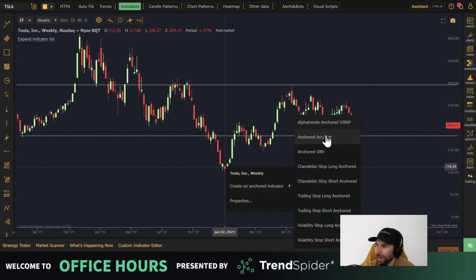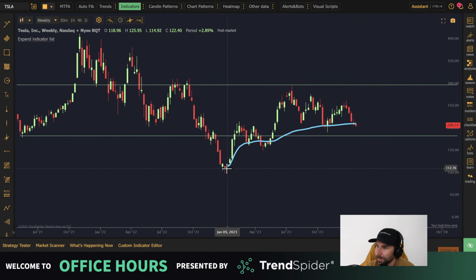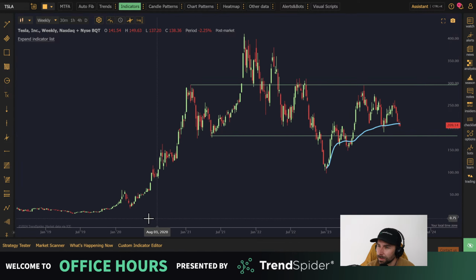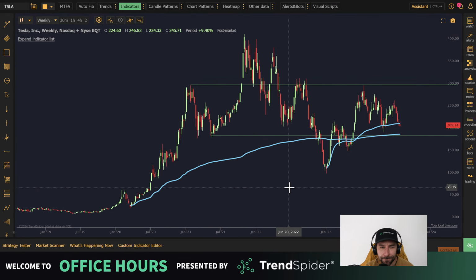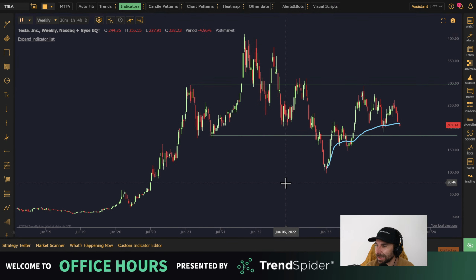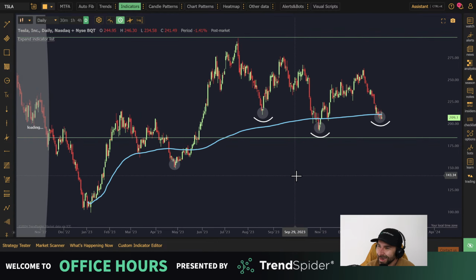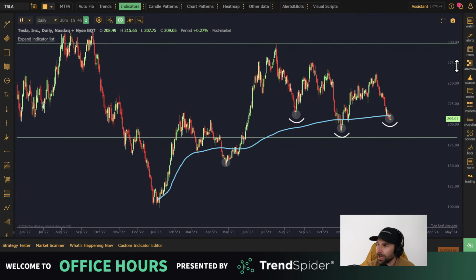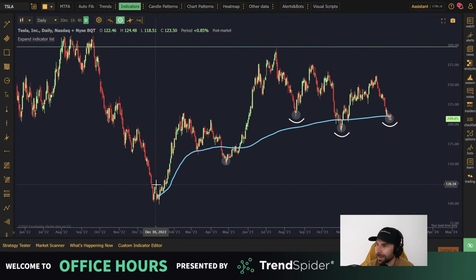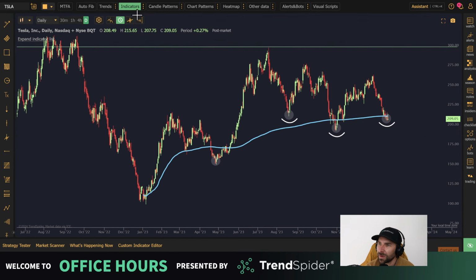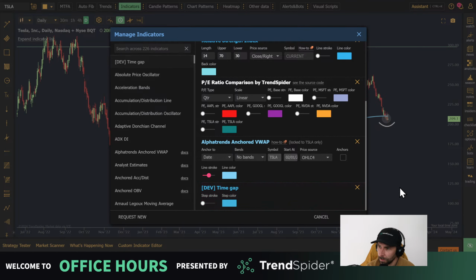If we draw a VWAP from, again, the 2023 lows, they're trying to hold it. Let's go back here. Yeah, so this is essentially like a zigzag concept. If we go to the daily, then you've got this though. And a lot of traders are pointing to this, and they could be right. You know, I don't know.